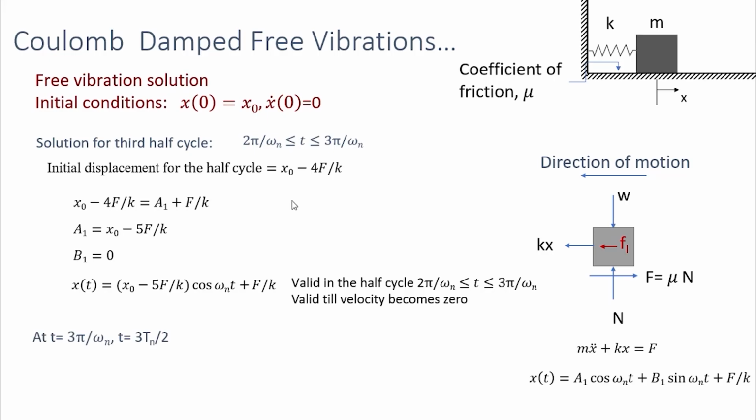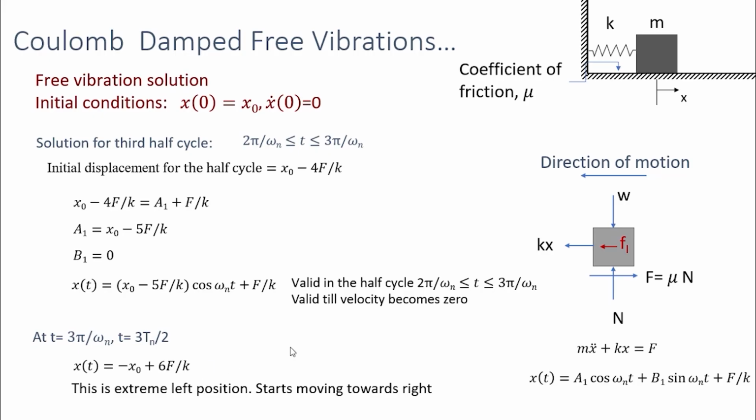So now let's find out the value of the displacement at t equal to 3 pi by omega n, that is at the end of the third half cycle. So if you substitute the value of t equal to 3 pi by omega n, we would get minus x naught plus 6f by k.